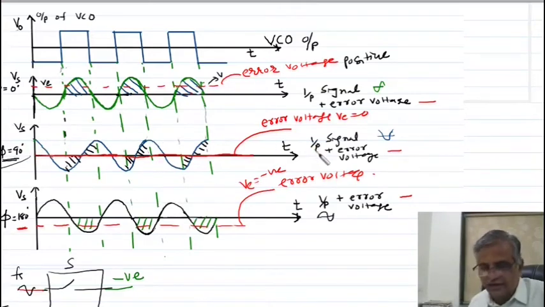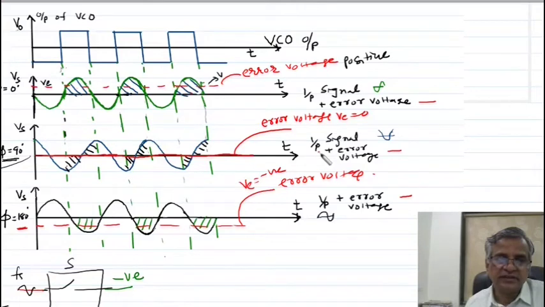This diagram shows that when the phase difference between the input signal and the signal coming from the VCO is 90 degrees, then the error voltage is 0, meaning the circuit is locked. Means when the phase difference between incoming input signal Fs and the signal coming from VCO, Fo, is 90 degrees, then the error voltage is 0 and the PLL is locked.